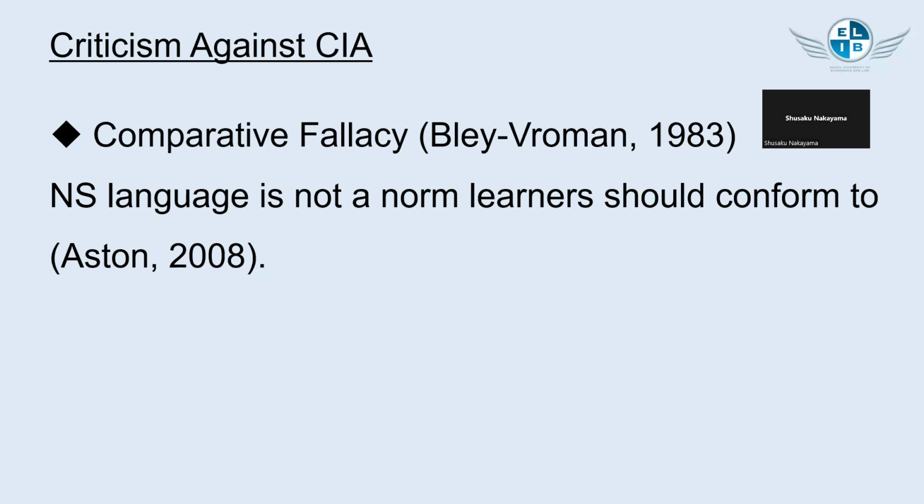Opponents of CIA often advocate the comparative fallacy hypothesis, which argues that comparisons make what learners can do look narrow and degraded. For example, Aston argued that one shouldn't presuppose that a native speaker language is a norm that learners should conform to.